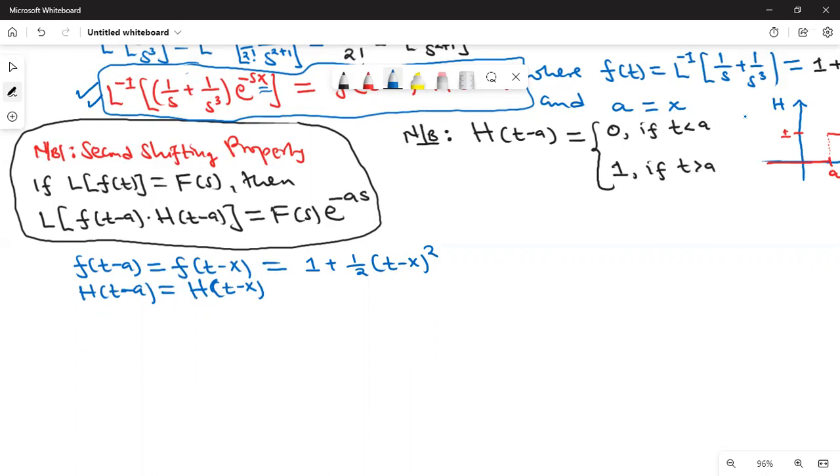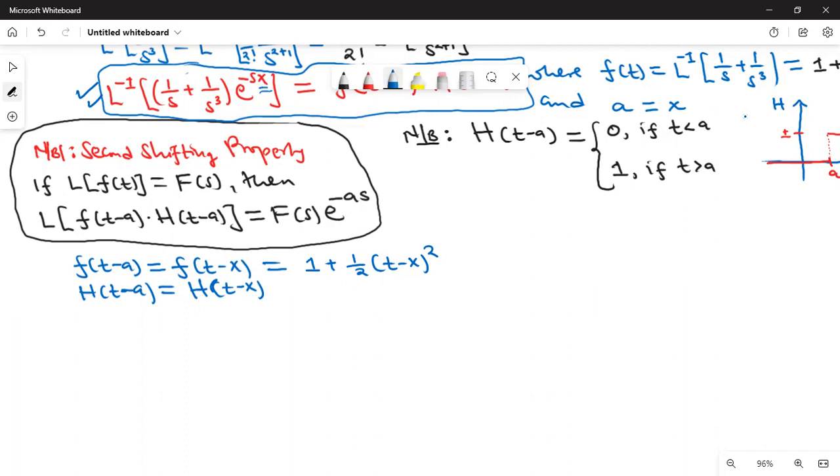This Heaviside function behaves like a switch. That switch is off until t is equal to a, at which point it turns on. So it simply behaves like a switch. So therefore, we can now say that the inverse transform of 1 over s plus 1 over s cubed, in brackets, times exponential negative sx, should now give us the product of f of t minus a and h of t minus a, which we have found.